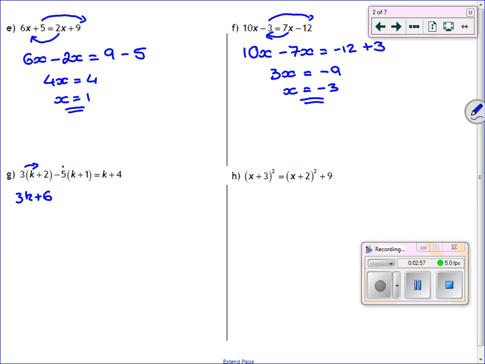The minus 5 here, remember, it's minus 5, not plus 5. The minus 5 multiplies the second bracket, and it gives me minus 5k minus 5. Watch out for that devious and evil hidden negative there. And that is equal to k plus 4.